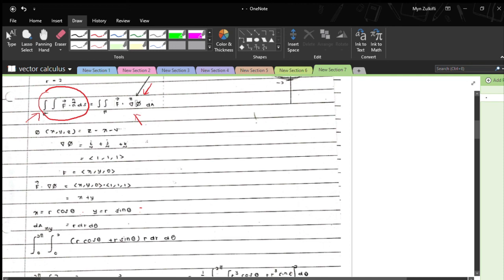So to find this part, we choose the main plane as x and y. For the vector field, the phi will be this one, z minus, and this one is actually the main function of our question.